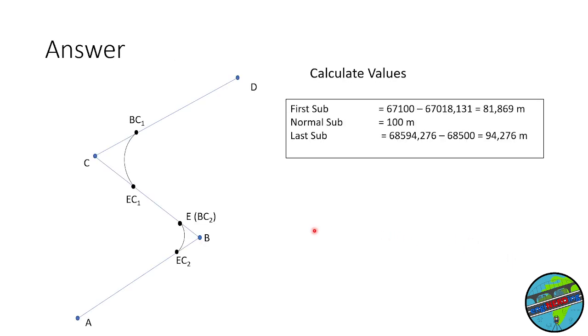Alright, then for the staking. Now this is an important part. The first thing we need to do is calculate the first subchord and the last subchord, because our normal subchord is 100. Now a subchord is basically, okay, so we're working with chainage 2, curve 2.